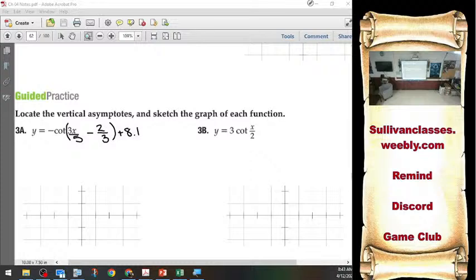Wouldn't it just be? Well, it'll go south to north like a tangent because of the reflection, yes. But wherever my phase shift is, I am now starting with an asymptote instead of an x-intercept.